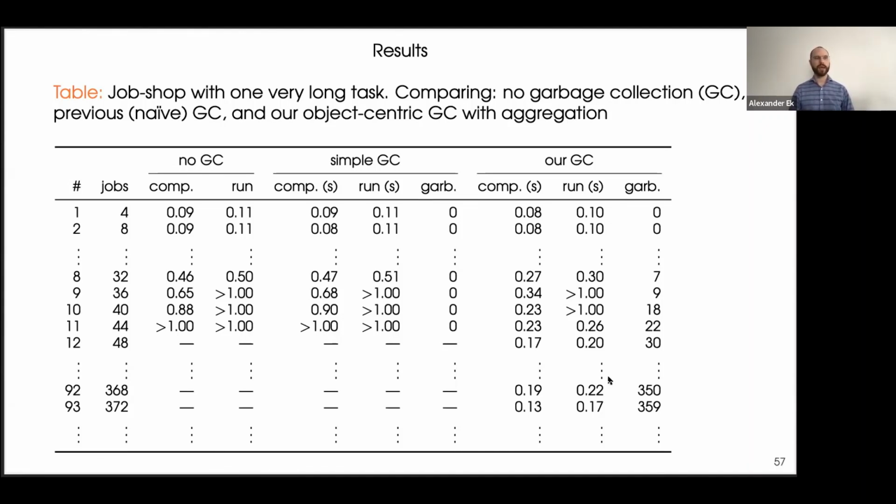Sure, the makespan will be wrong, but it will still optimize the correct thing. So we can do a simple garbage collection, but because of this very long job, at some point we'll look at index 1, at this humongous job, and we will not be able to do anything. So we need our garbage collection here.